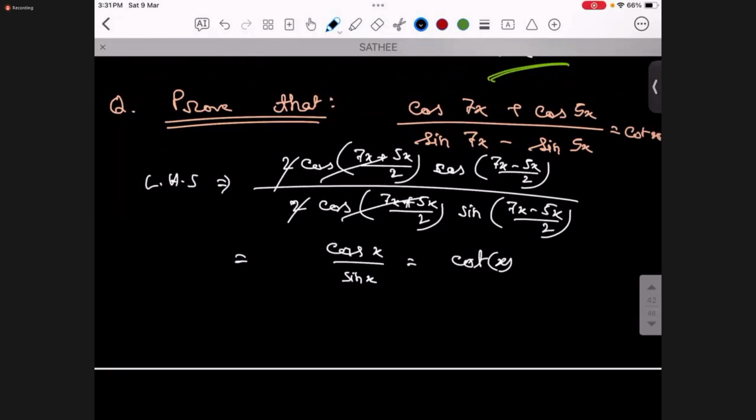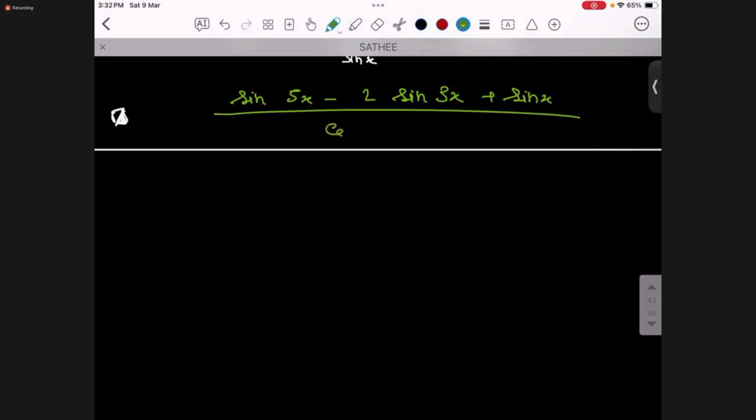Similarly, we can do many different examples. So let's do another example of this formula. I'm not writing what we want to show, just doing the steps. So the given expression is (sin 5x minus 2 sin 3x plus sin x) divided by (cos 5x minus cos x).